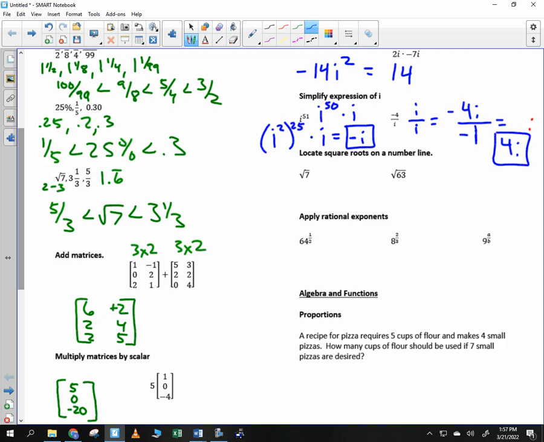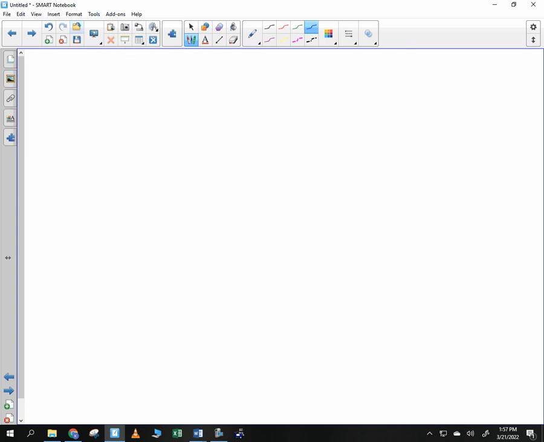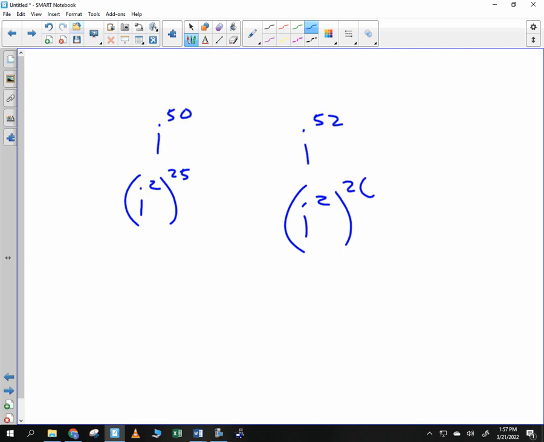Or you might put I over 51. You can also say that if the exponent is odd, it's negative, and if it's even, it's positive. Since 51 is odd, just to make sure we understand that, I to the 50th and I to the 52nd are both even, correct? Yeah. But watch, this is I squared to the 25th, whereas this is I squared to the 26th.